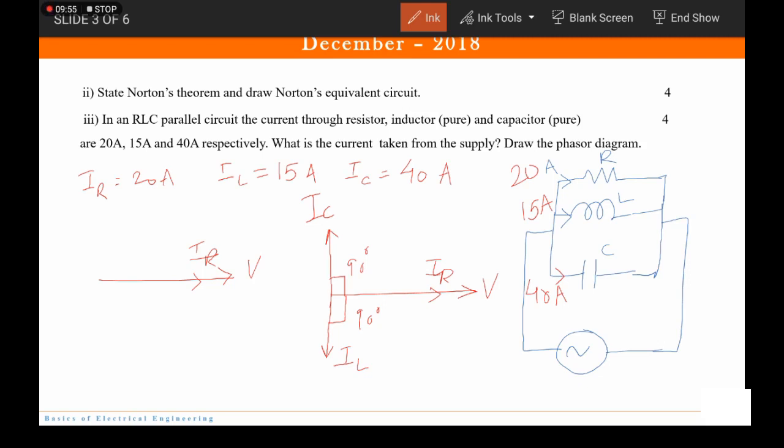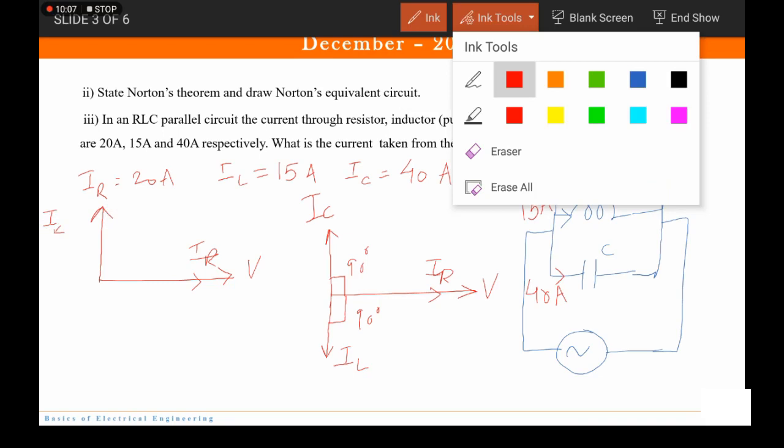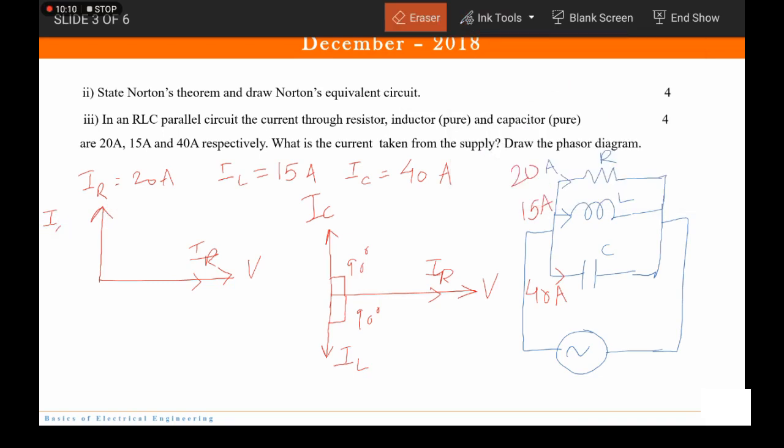Here IC is greater, so the resultant is in this direction, and that current is IC minus IL.